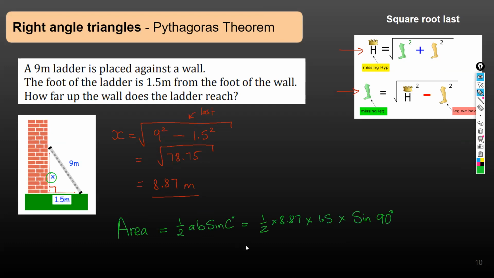And when you work this out, you are definitely going to get 6.65 meters squared, because it's area. So we have to put meters squared, not centimeters squared. If you put the wrong units in the exam, you lose a mark.